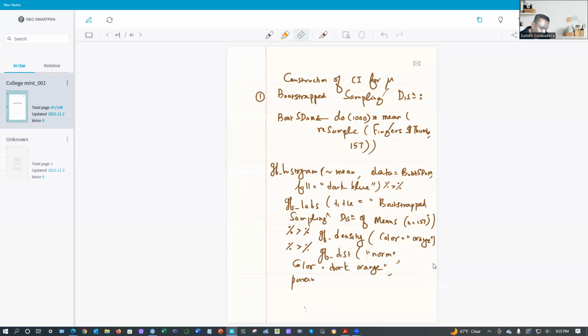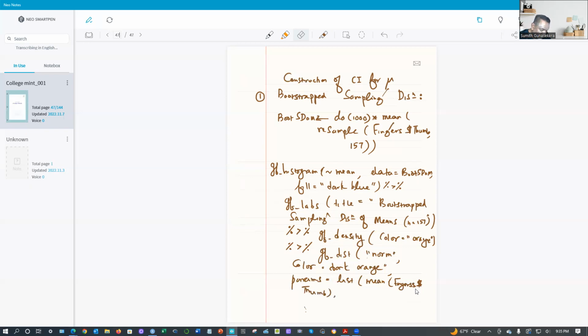Parameters will be given as a list. You need the mean. How do you get the mean? You go to the fingers data, then go to thumb and find the mean.